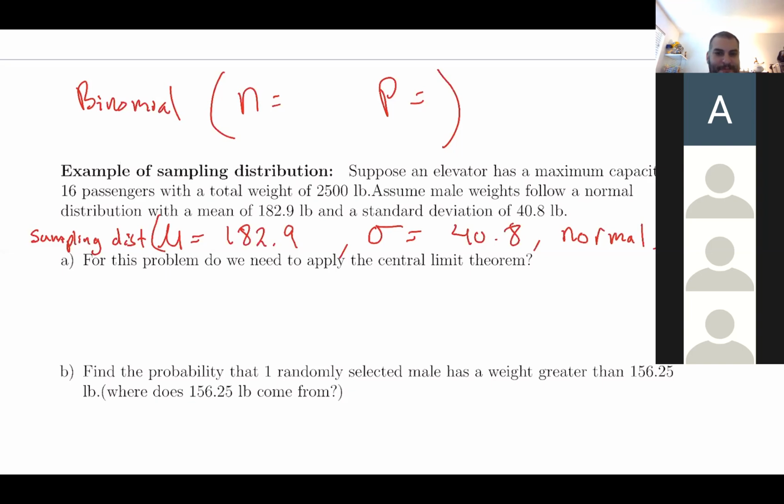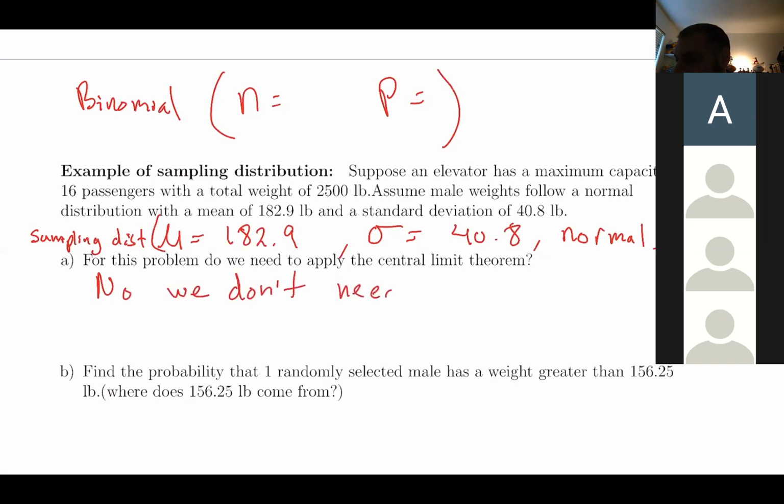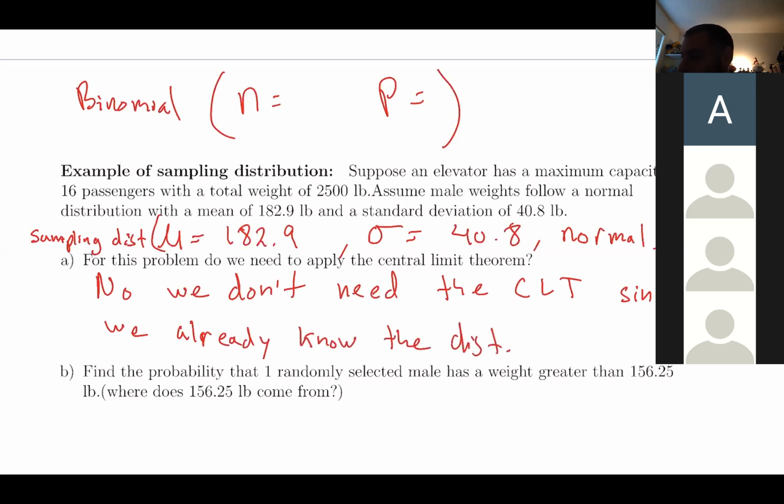No. So we say, no, we don't need the central limit theorem (CLT) since we already know the distribution is normal.